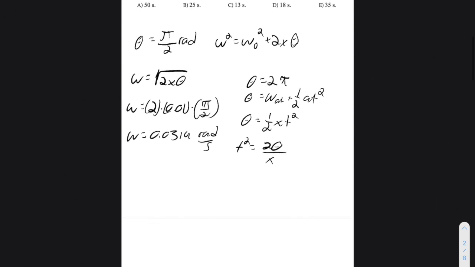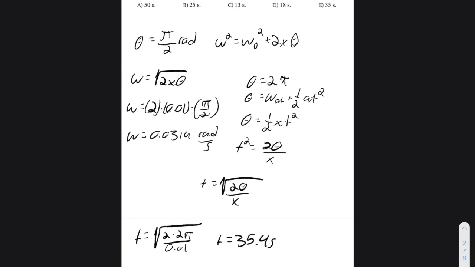And we can solve this for time by solving for time squared, which equals 2 theta divided by alpha, and then taking the square root of both sides. Plug in 2 pi for theta and 0.01 for alpha, and we get a time of 35.4 seconds.